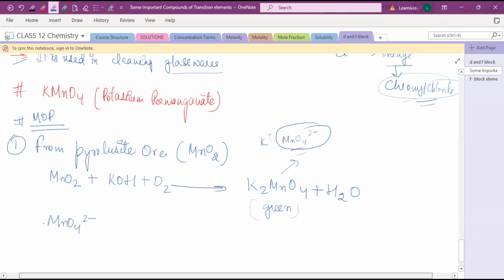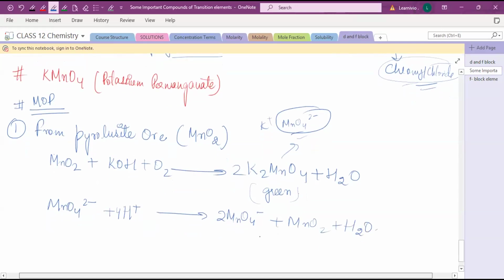This is manganate. In the acidic medium, in acidic condition, you add 4H plus ions. So you will get 2 MnO4 minus plus MnO2 plus 2 H2O.